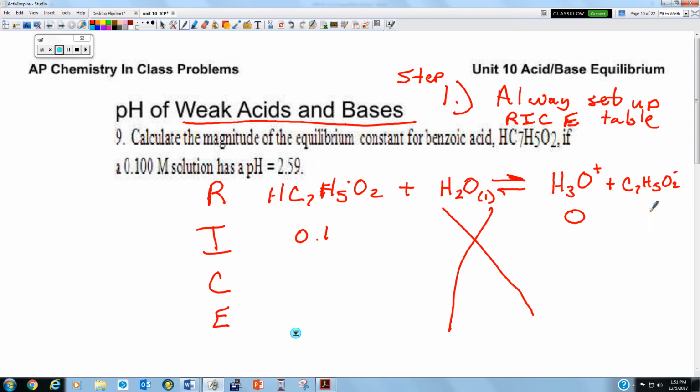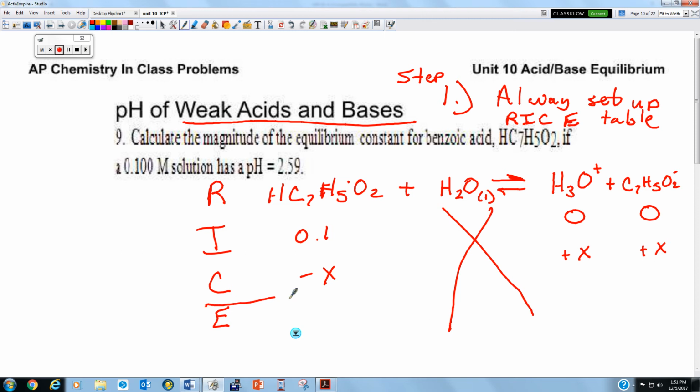What is our initial concentration of our base? 0. All right, so now we're looking at the change. What's going to happen to the concentration of our acid? It's going to go down, so that's going to be minus X. What's going to happen to these concentrations? They're going to go up, plus X.